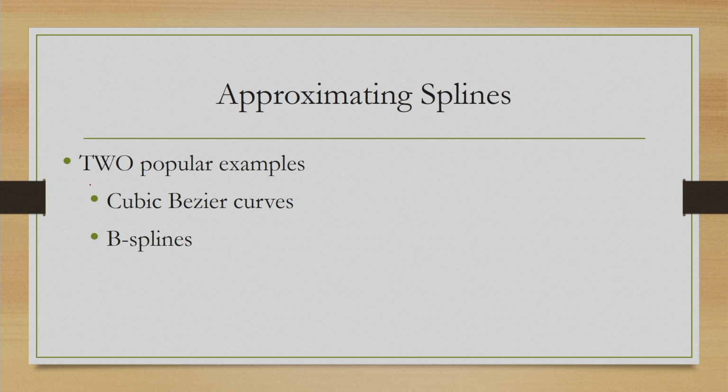Now, there are 2 popular approximating splines used in computer graphics. One is called cubic Bezier curves and the other one is B splines. Like in the case of interpolating splines, let us try to understand these types in a little more detail. We will start with cubic Bezier curves.